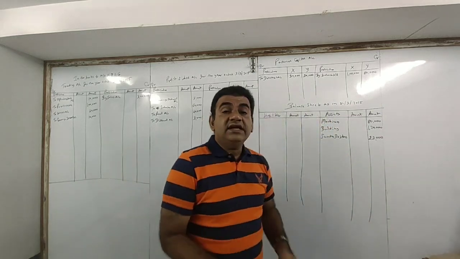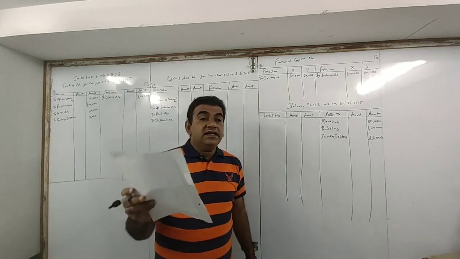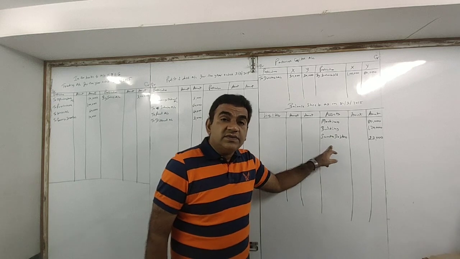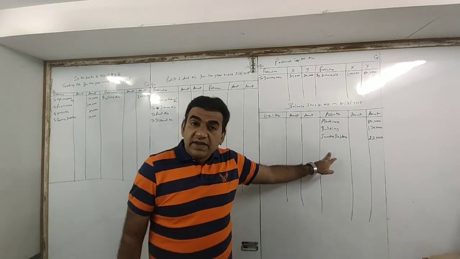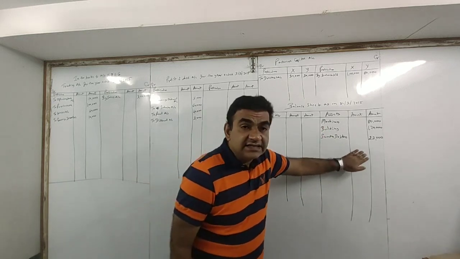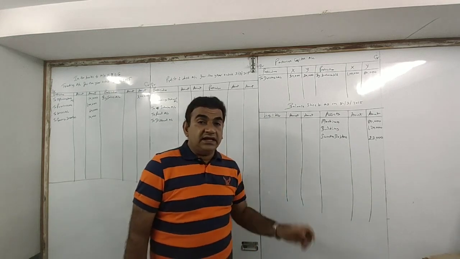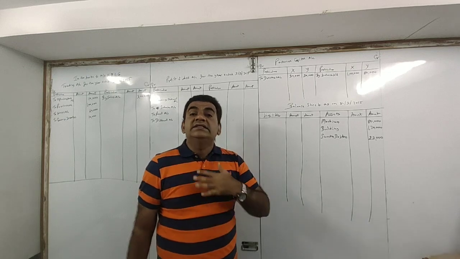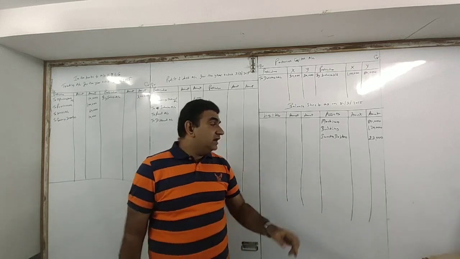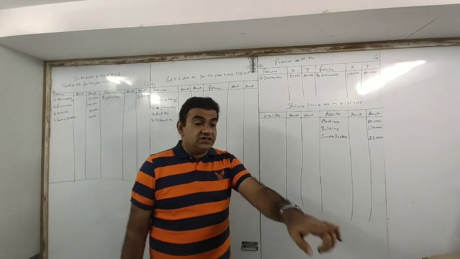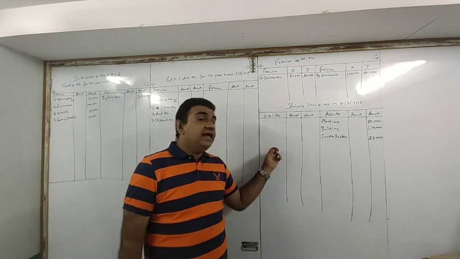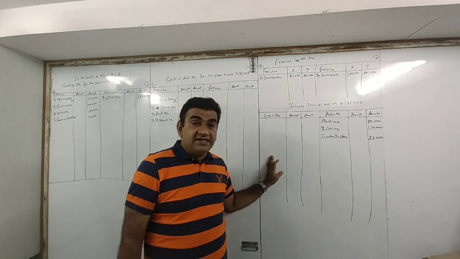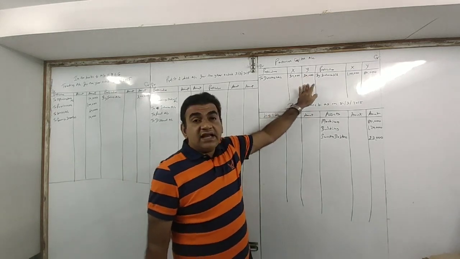Next, sundry creditors. Debtors means I have to recover, creditors means I have to pay. It is payable, so it will be a liability. So sundry creditors are the people to whom I have to pay. Since I have to pay, it is payable, therefore a liability. Now listen, when you write anything on the liability side, always keep the habit of leaving 5-6 lines because the partners' balance will come here.